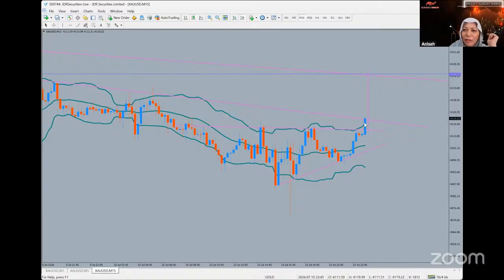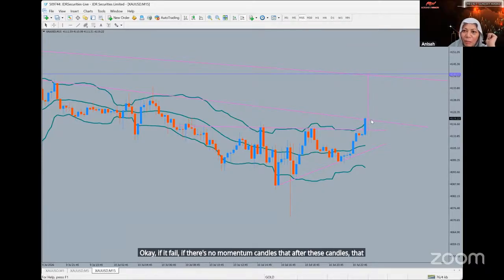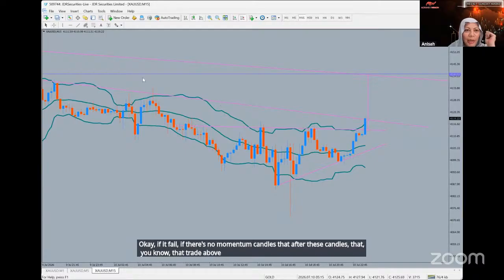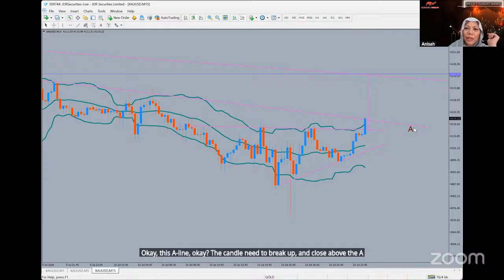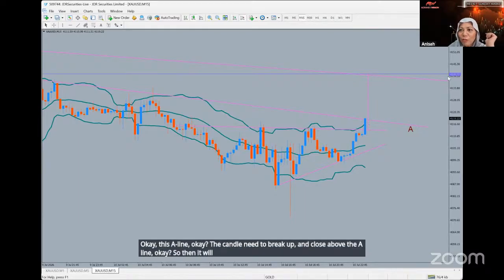If there are no momentum candles trading above this pink line, let me mark that as A, this A line, the candle needs to break out and close above the A line. Then it will continue towards 4140.52.